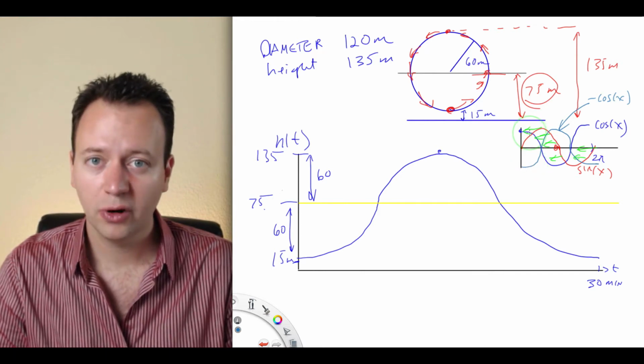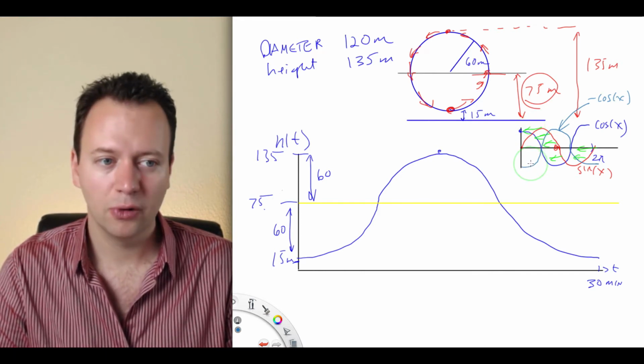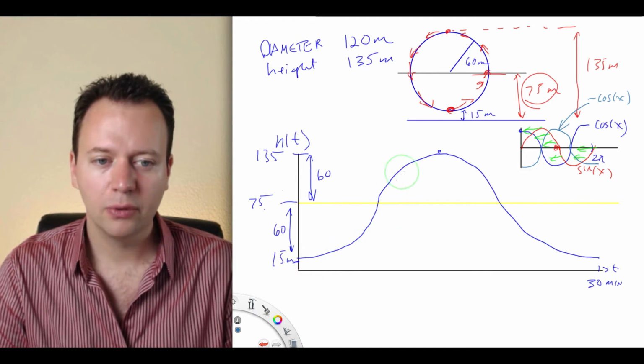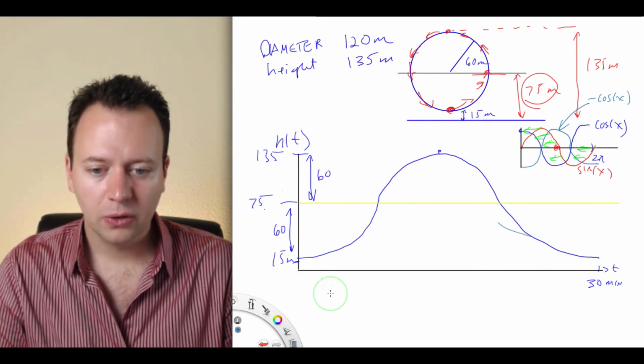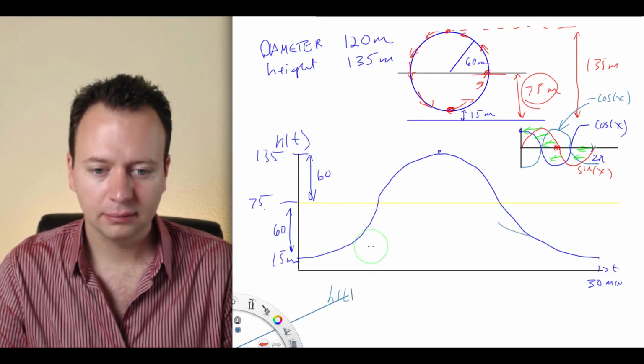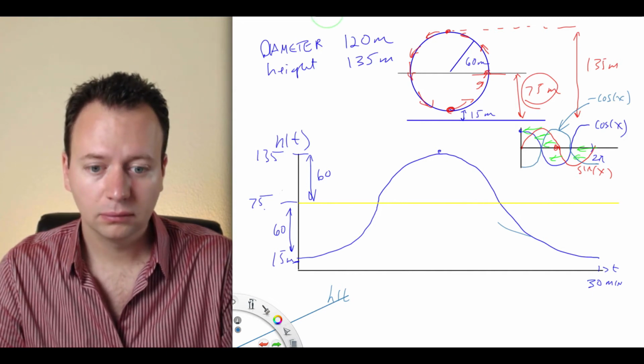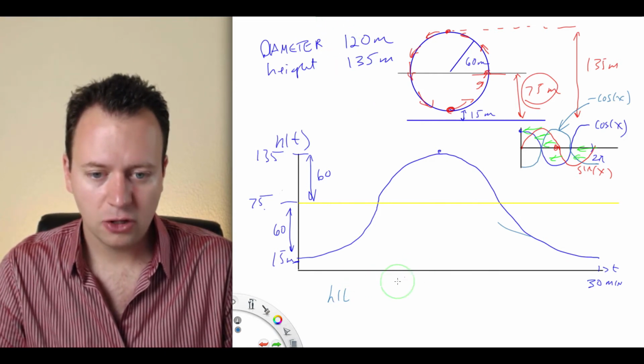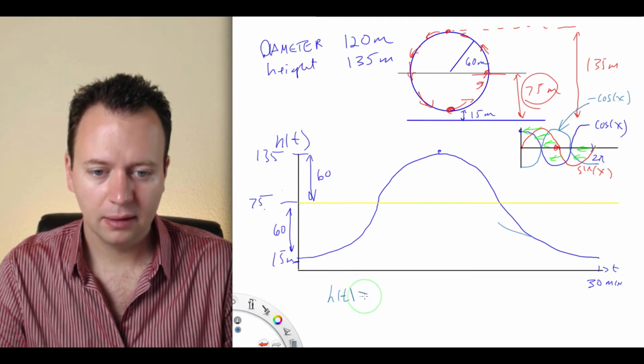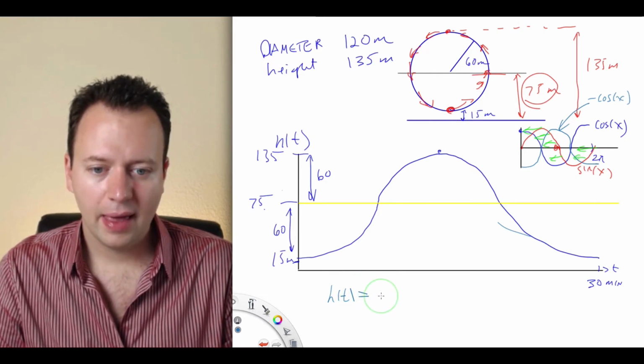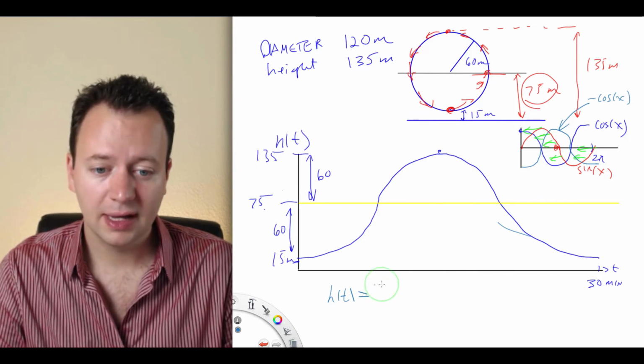Instead of plus 0.9 as the output, I get minus 0.9. So this looks in line with negative cosine. So we can start by saying h of t is equal to midline, which is 75.